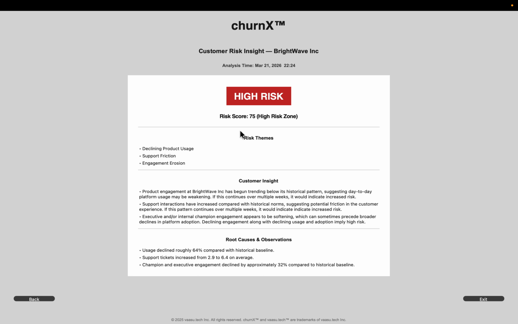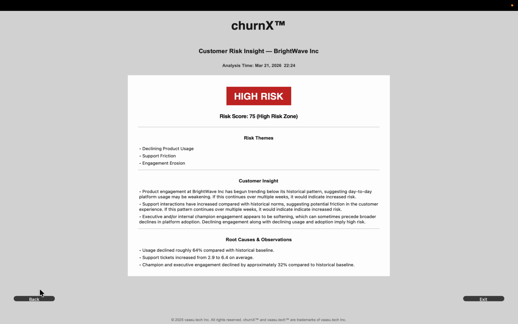In addition to the risk labels, score, and themes, churnX has produced detailed insights and root cause observations which are invaluable for the customer success team to predict and prevent churn of this particular customer. This is why churnX, a CRIS, Churn Risk Intelligence System, is so valuable.